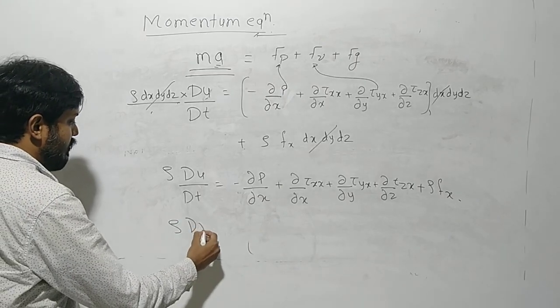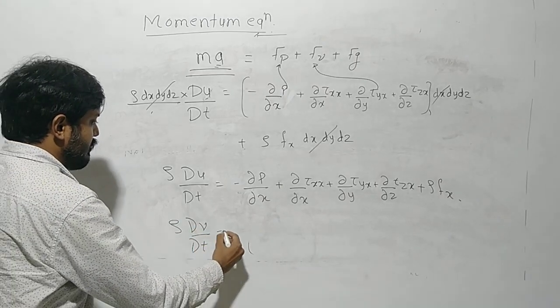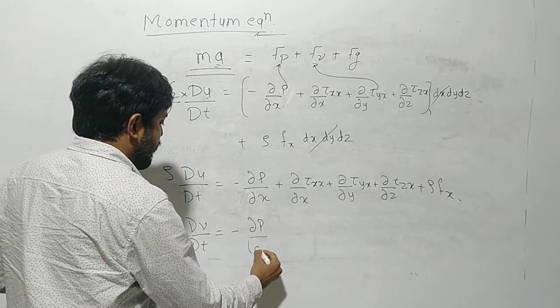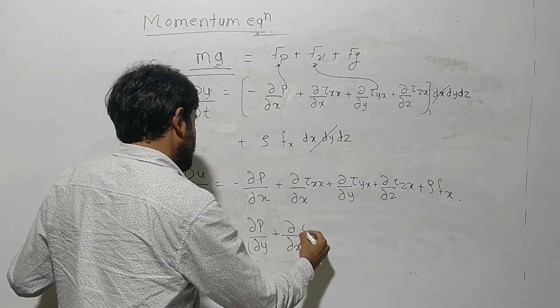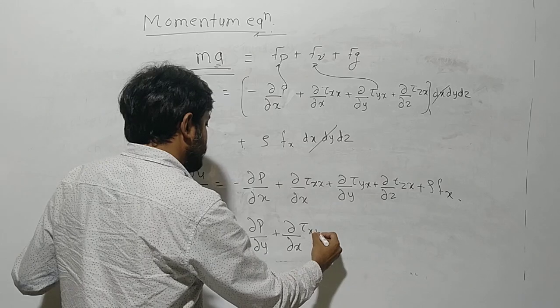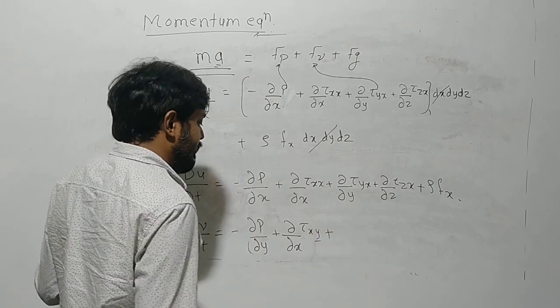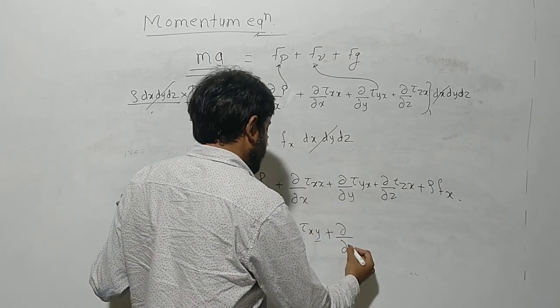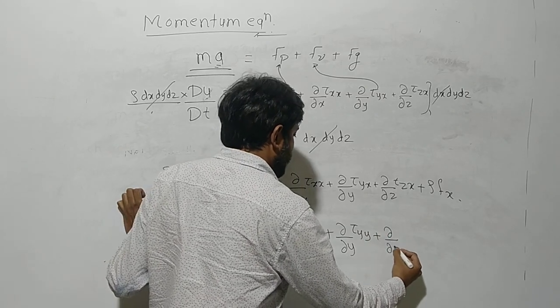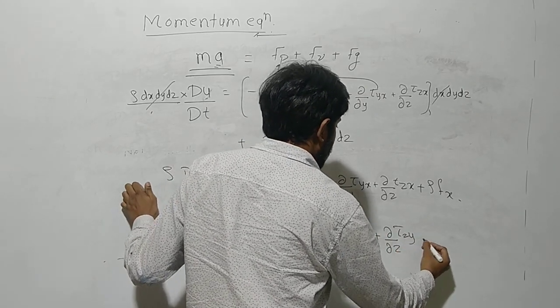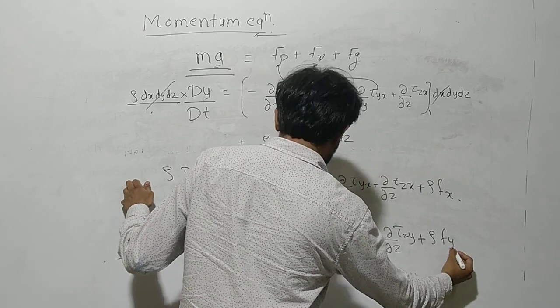Similarly for the y direction, if I have to write, this will be minus del p by del y plus del by del x of tau xy. Now the direction will be y every time. Del by del y of tau yy plus del by del z of tau zy plus rho f of y.